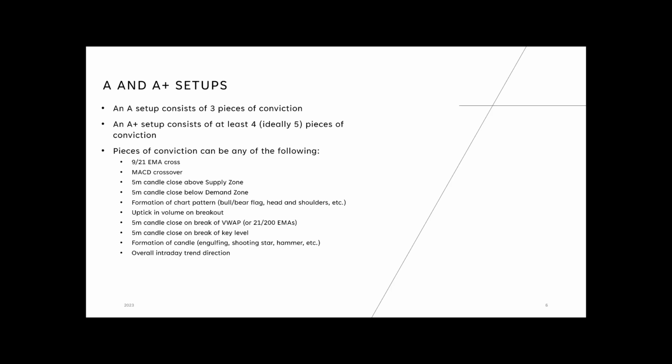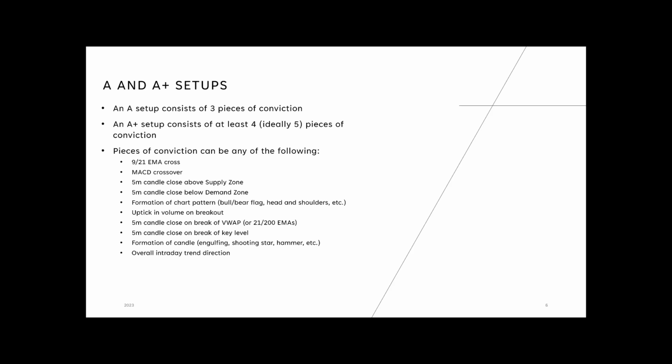Because I've always looked at everything from a statistics and mathematics perspective, I just want to enter where I have the highest probability of profiting. So why would I ever put myself in a situation where I'm unsure, or I only have a couple of things going my way? So what I do is I look for at least 4, ideally 5 if I can, pieces of conviction, and I size into those plays based on that.